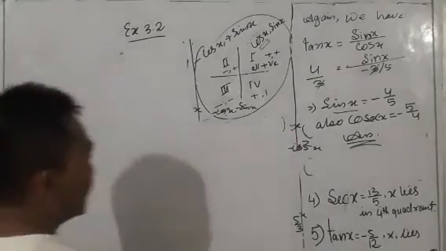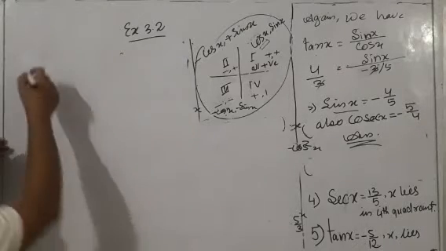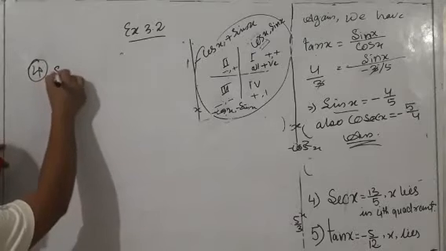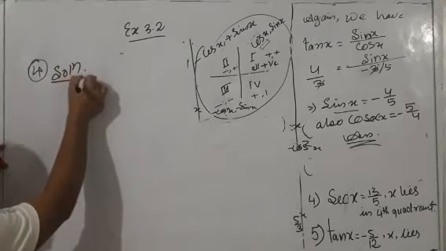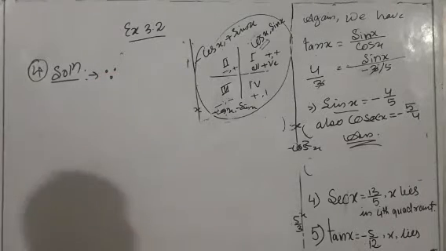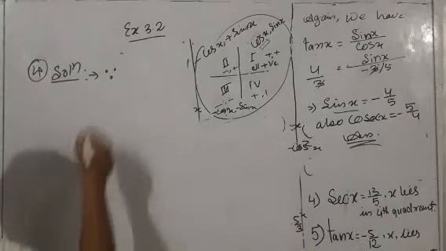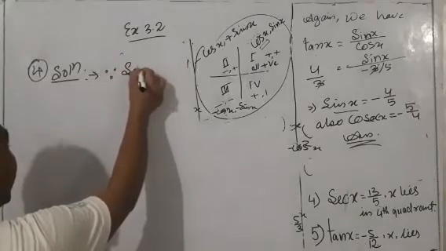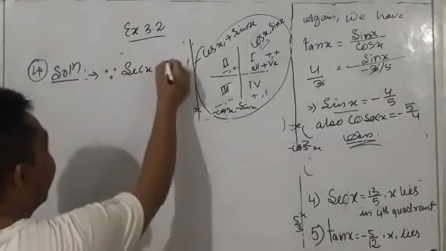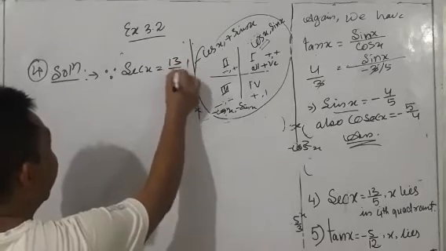Next, it is sec x. Okay, sec x. I don't want to repeat the question, so I am writing the direct solution. Since sec x is given equal to 13 by 5.